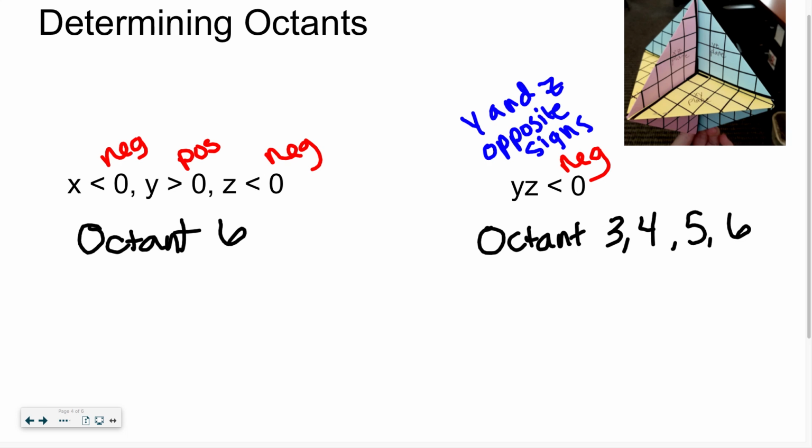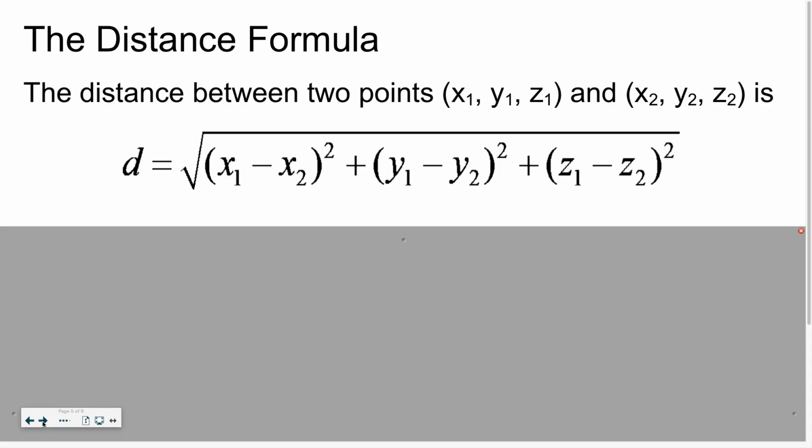Now, if all we know is that they have different signs, that's the most specific that we can get. We wouldn't know anything about the octant until we knew something else about x.